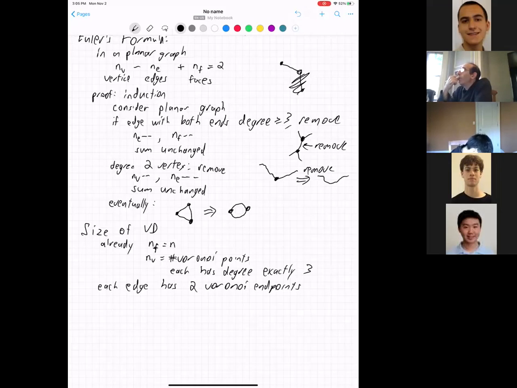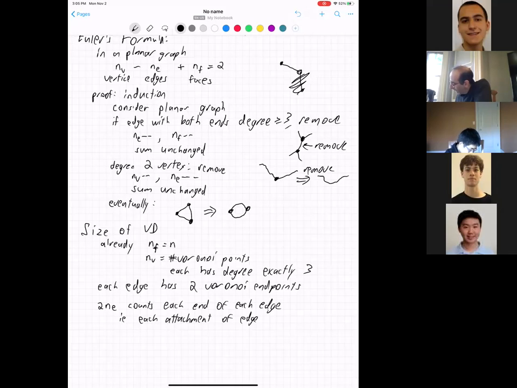So if I take twice the number of edges, this counts each end of each edge. In other words, it counts each attachment of an edge to a vertex.